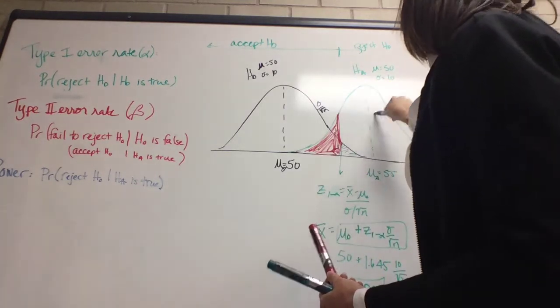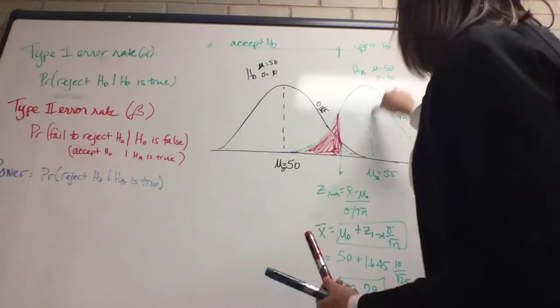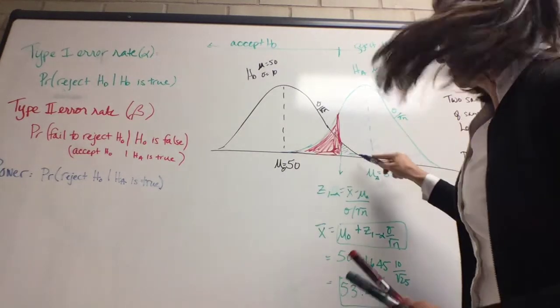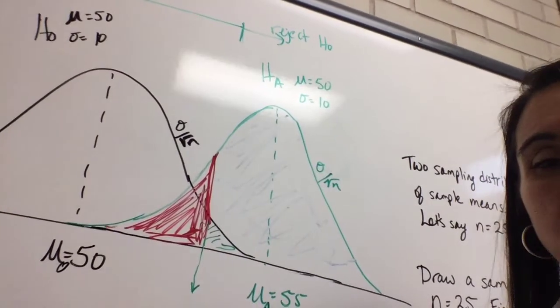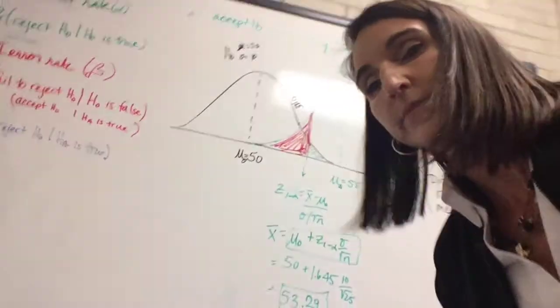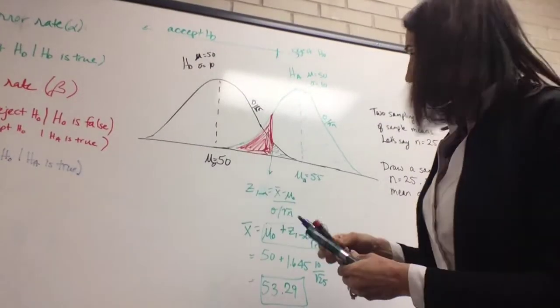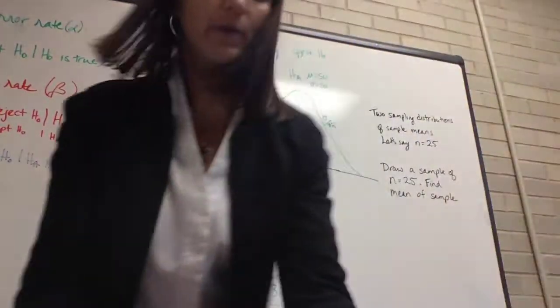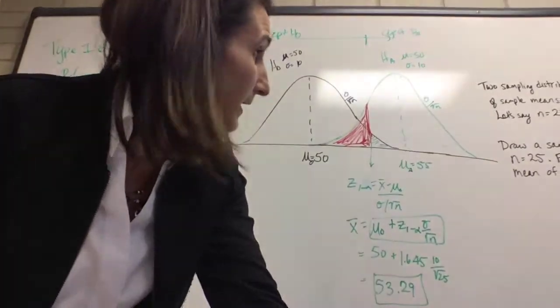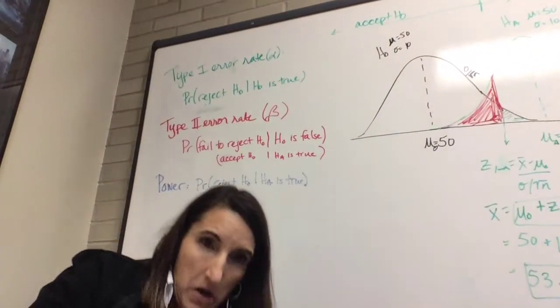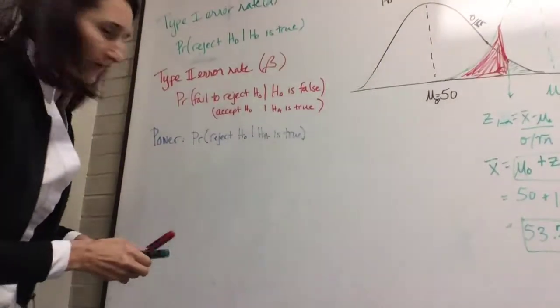Let's try to color that in blue. This isn't a very good blue. But it's this part in blue, and then this part in green. All that is power, okay? So let's quantify beta first. And I'm going to just use the board right over here to quantify beta for us.